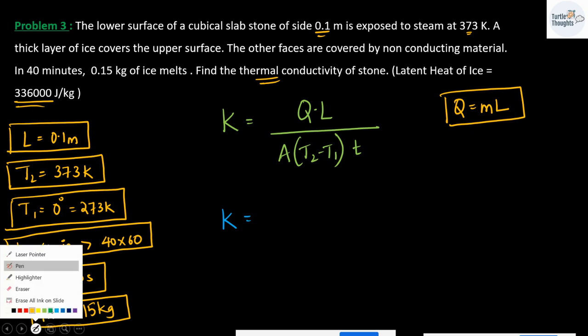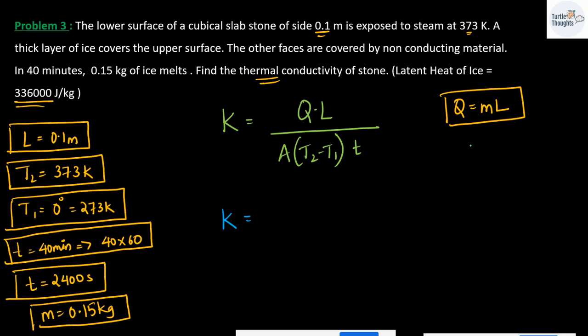When I find out the value of Q, it is going to be 0.15 is the value of M multiplied by 3,36,000, that is going to be the latent heat of ice. I can keep it as it is and substitute the same over here.